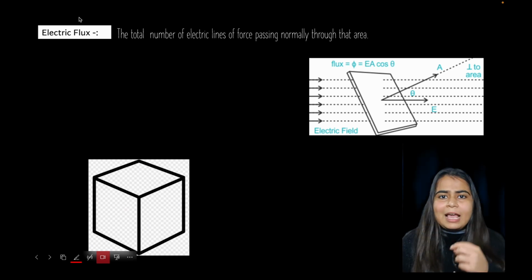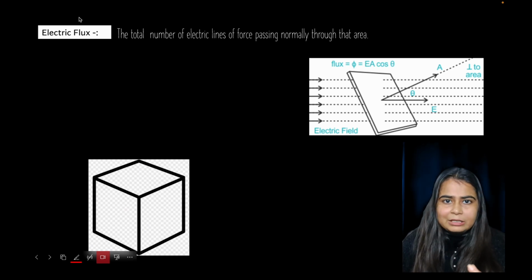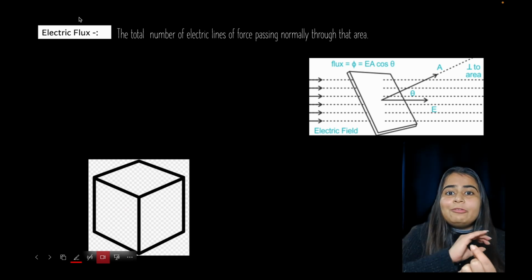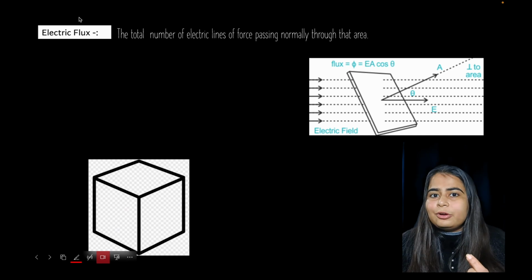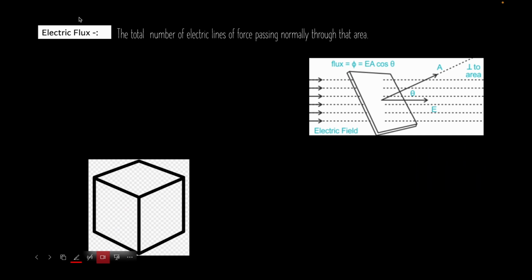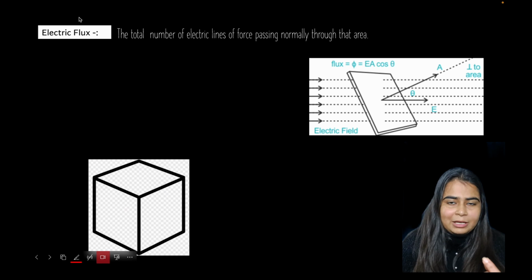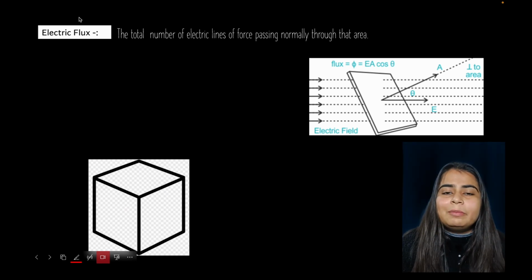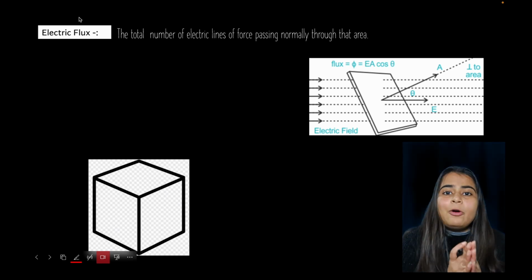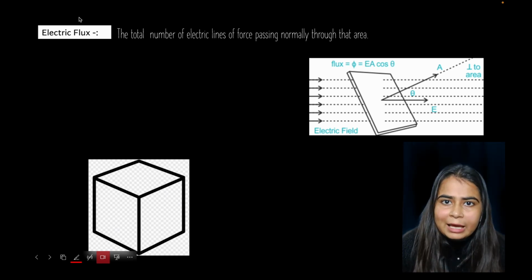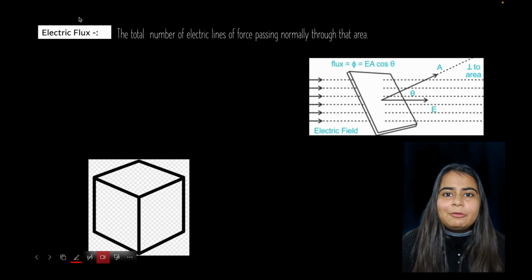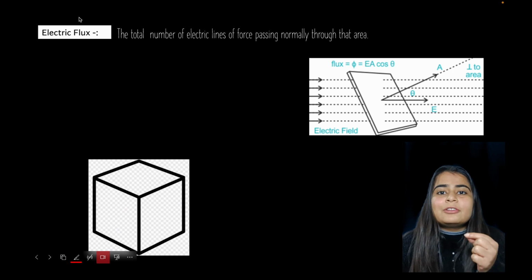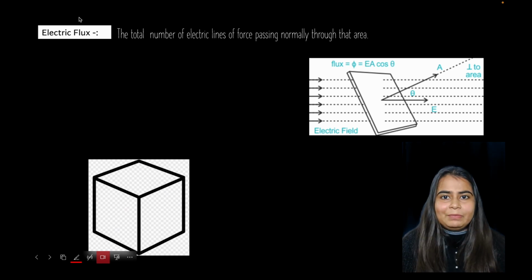If I have a charge with me, and let us say that charge is kept inside a football, that football will act like a closed surface, and the charge I have kept there will result in the creation of a field around it. It means when I ask how many electric field lines are passing through that football, it indicates the electric flux associated with that football.